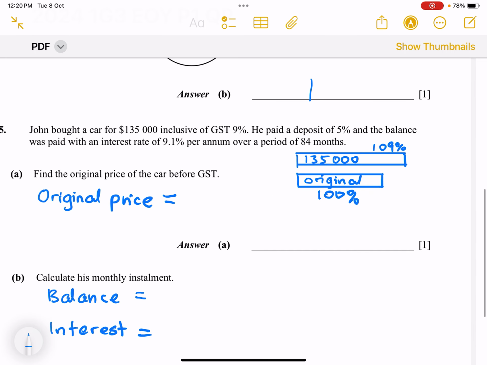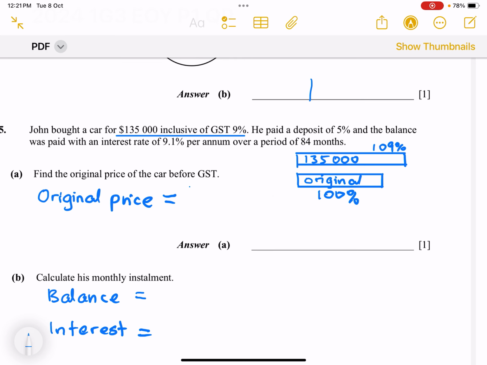Now in the next question, we are given that John bought a car, and the price of the car includes the GST. That means 135,000 is actually 109%.